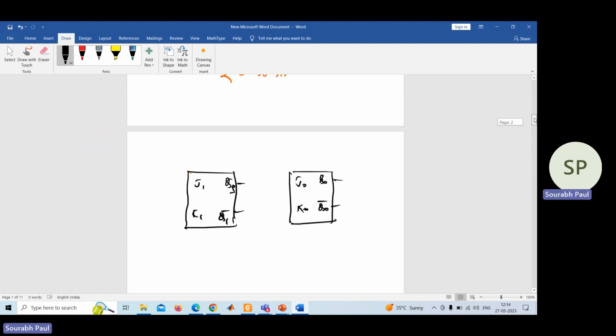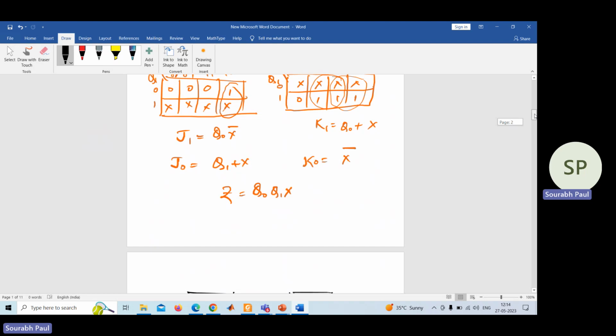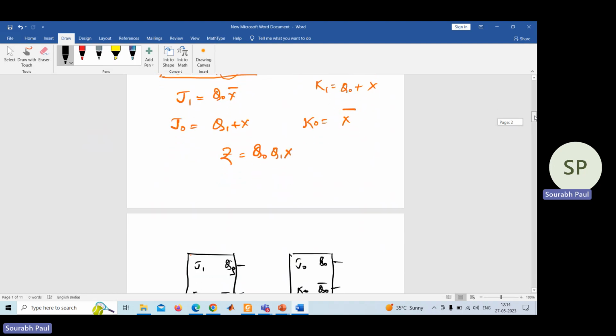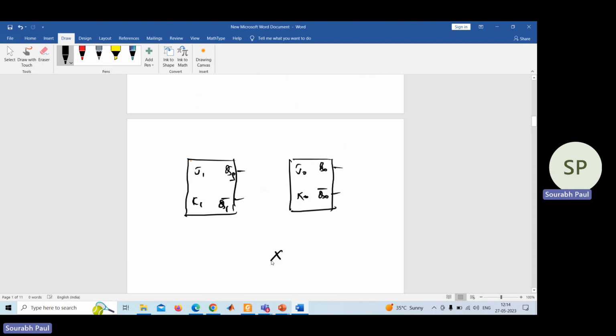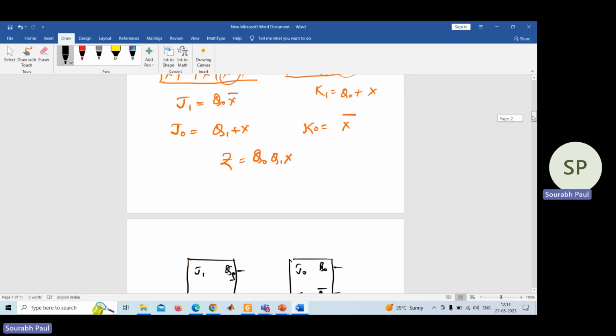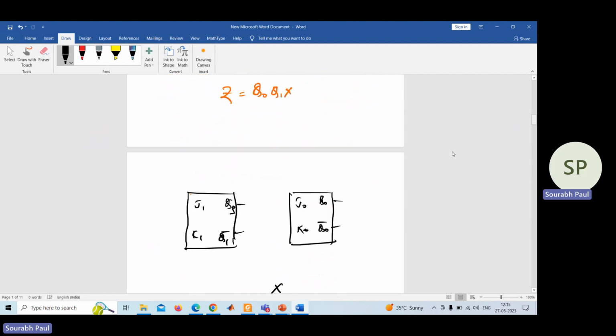J1 we got as Q0 X bar. We can take another input X also here. But if we make all the connection like this way, you have to take one line from this Q0 terminal and we have to give in the input. So the circuit will be so much complicated, it will be clumsy only.